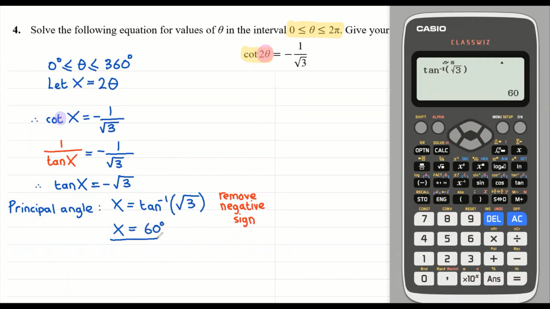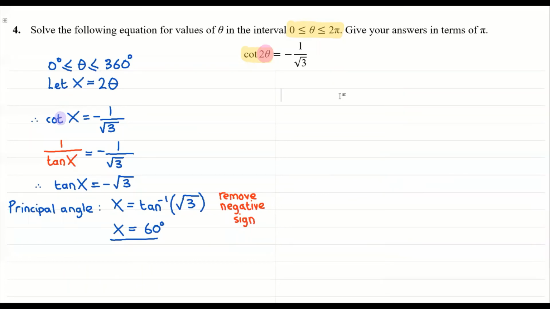If we just look at the question again, it says give your answers in terms of pi. Now that suggests if you're asked to do that, you should be able to write your answers as fractions of pi, which suggests that the angles you're dealing with will be nice answers.